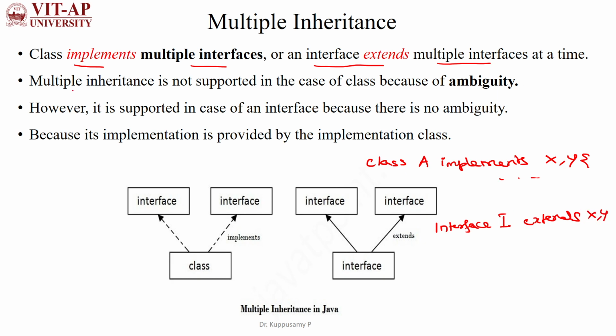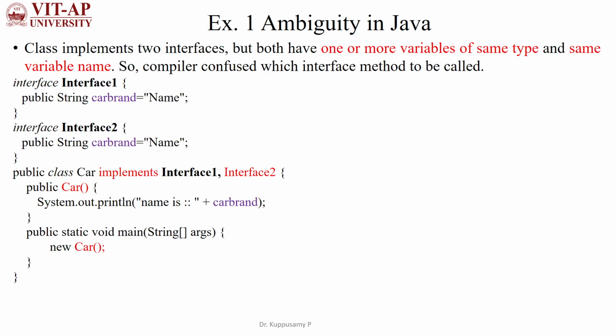So through that, multiple inheritance is supported, while it is not supported in the case of classes because there is the possibility of ambiguity. For example, ambiguity in the sense that two interfaces may have a similar variable name, and two interfaces can have similar method names.